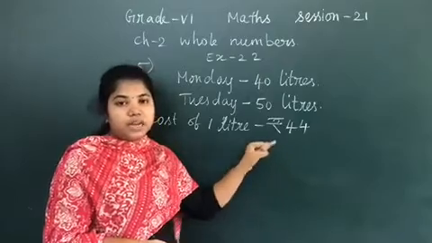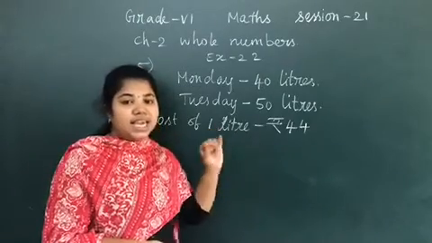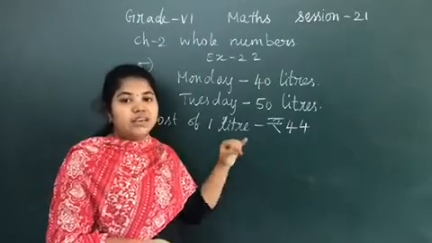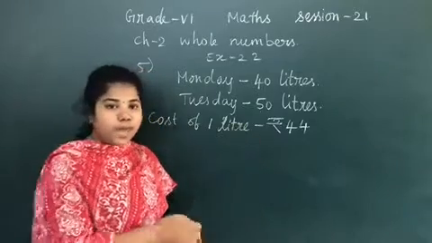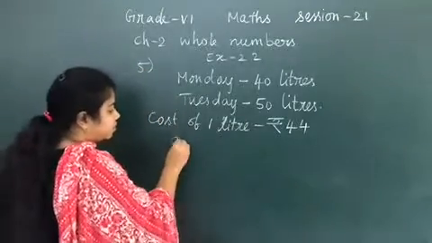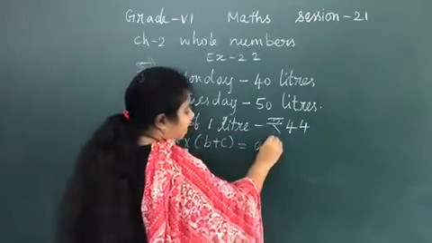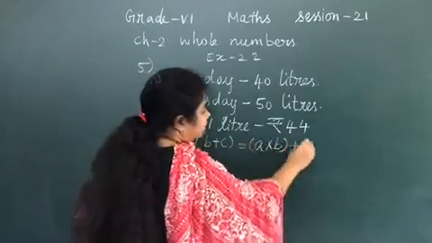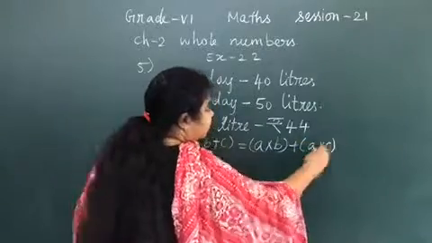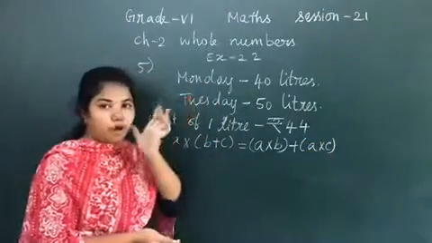Are you clear? Distributive property: A into B plus C is equal to A into B plus A into C. This is our distributive property.